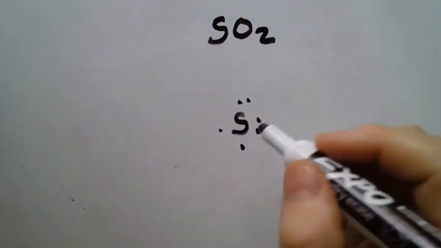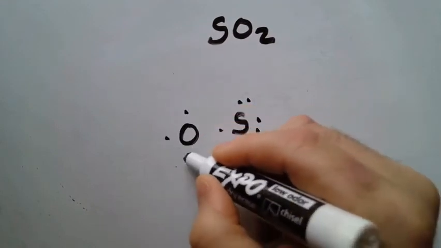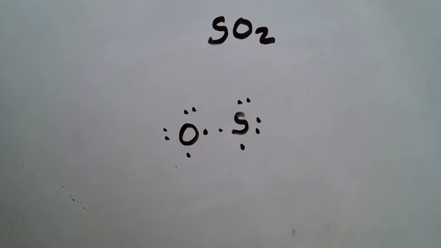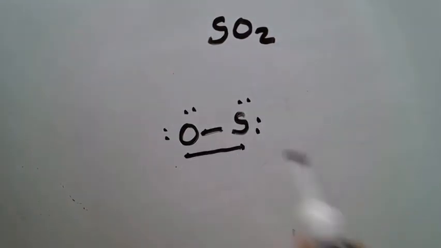And then I'm going to put an oxygen next to it, 1, 2, 3, 4, 5, 6. I'm going to connect these two, and voila, just like an O2, I now have an SO, as it were.